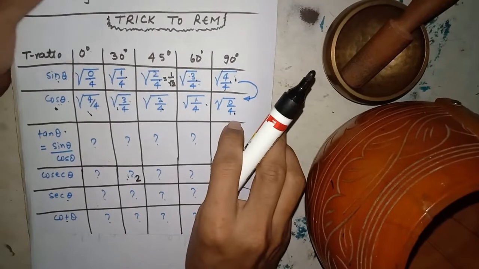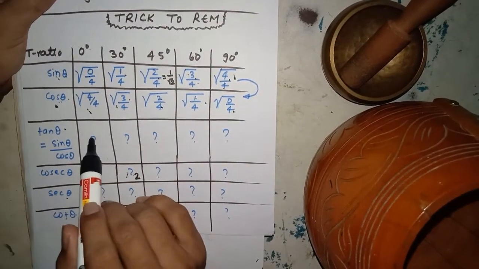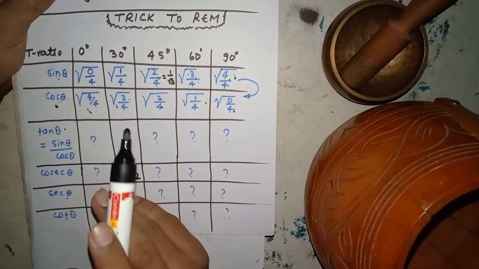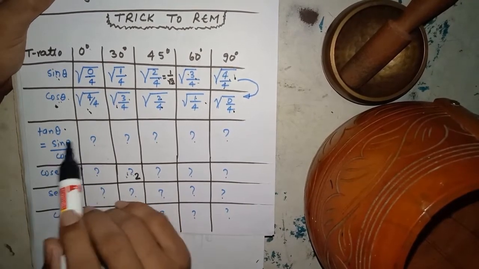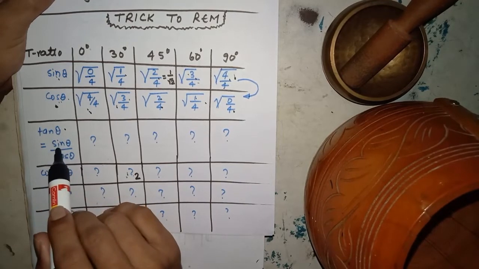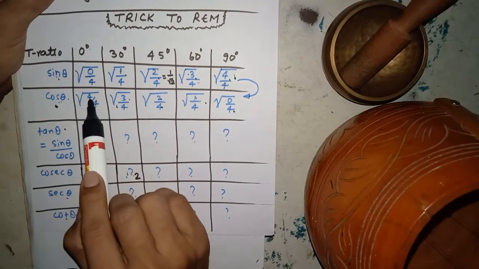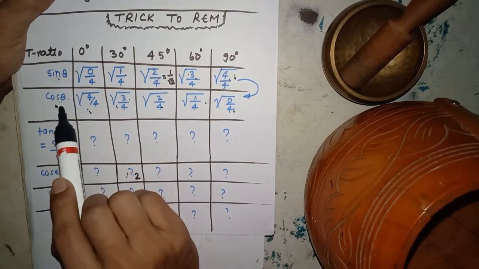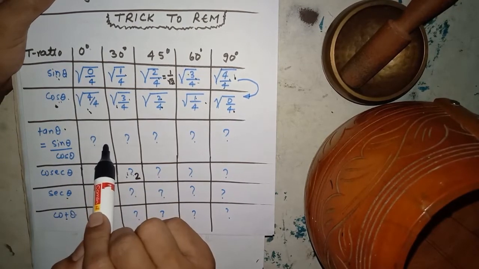Now if I further want to know how we find tan, I have already given you the problem which says that sine theta by cos theta is equal to tan theta. You can prove it. It is easy. I have already found out the value for sine and cos, so take the value for sine and cos and divide it.